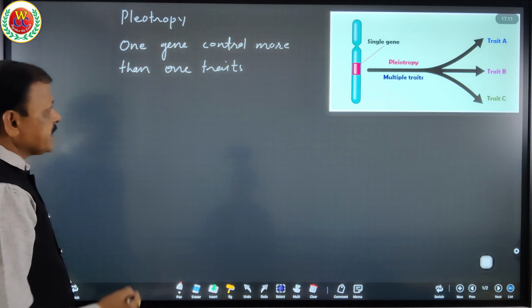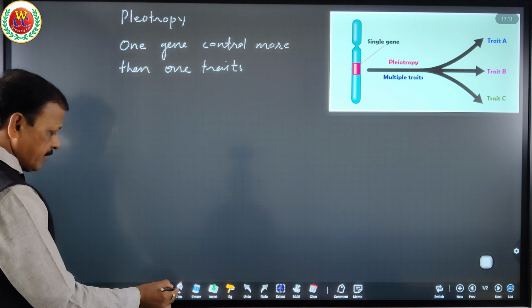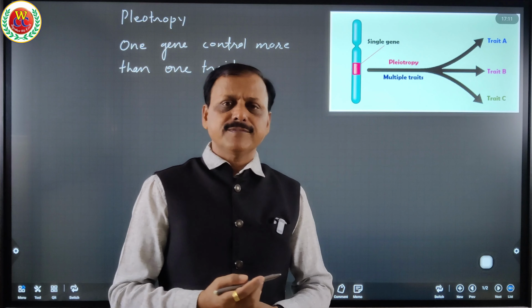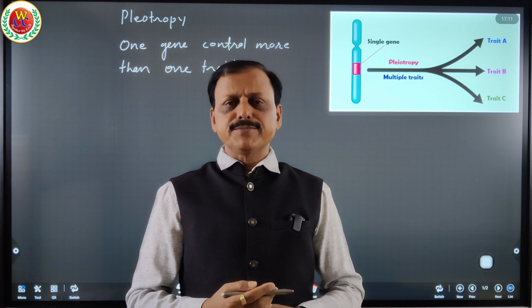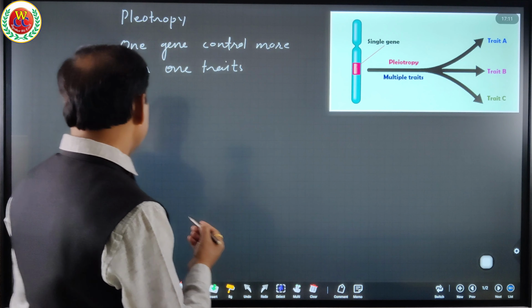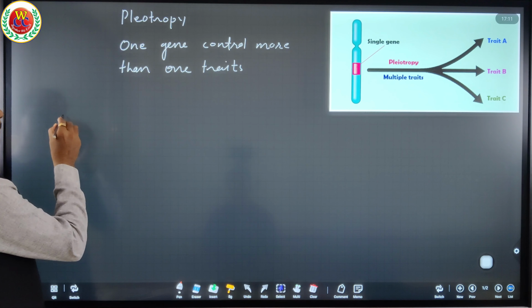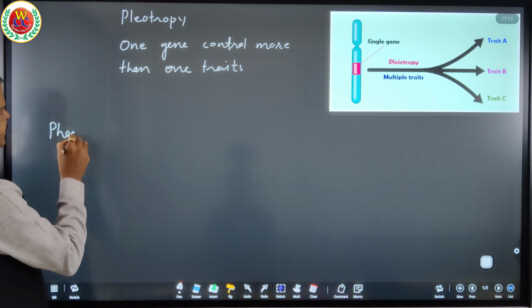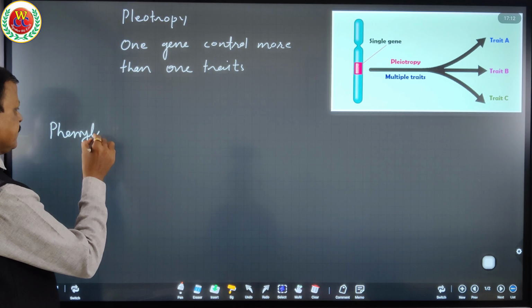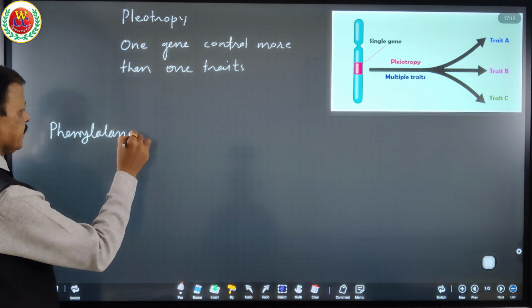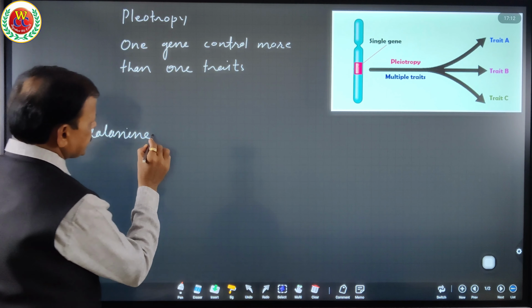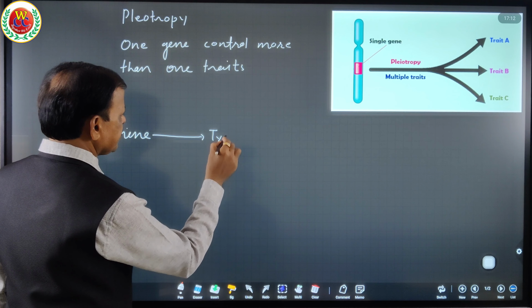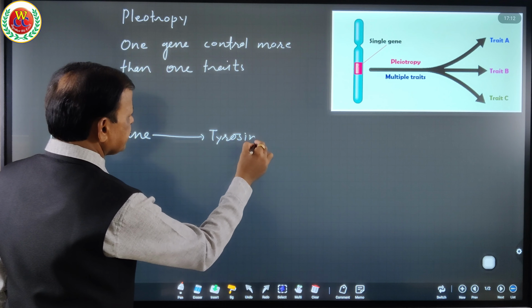For that we have the best example, phenylketonuria, a gene which is required to convert phenylalanine into tyrosine.